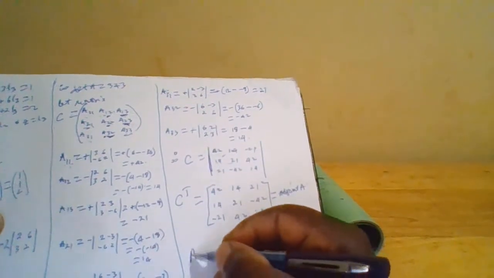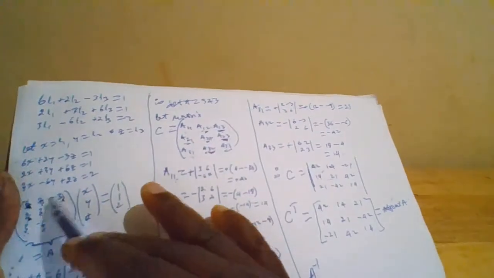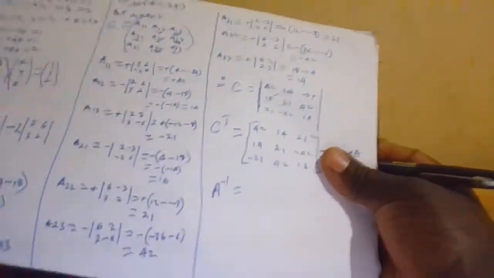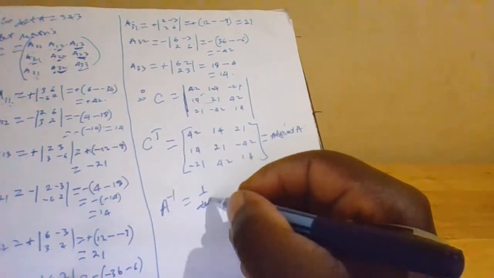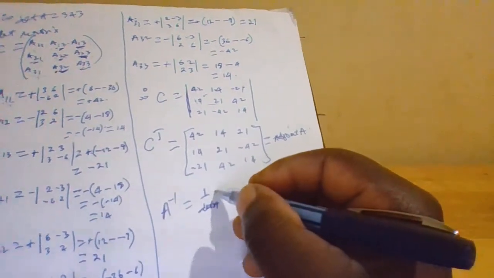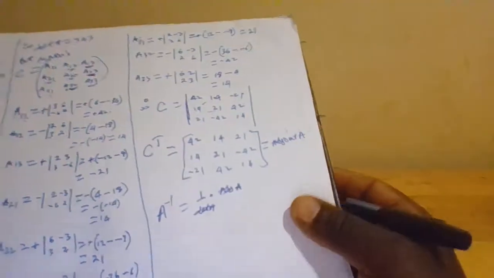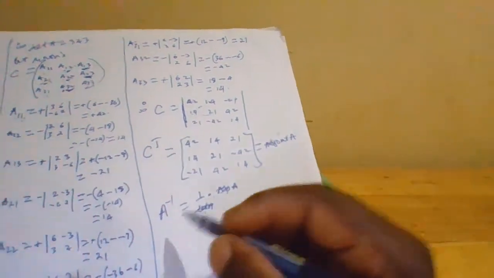So when you transpose this matrix, then you get adjoint A. Then we know that the inverse of matrix A is given by 1 over the determinant times the adjoint of matrix A.